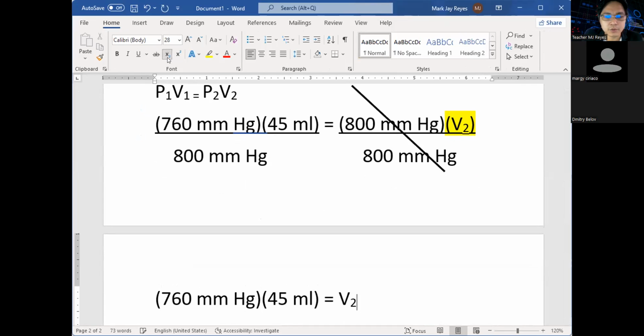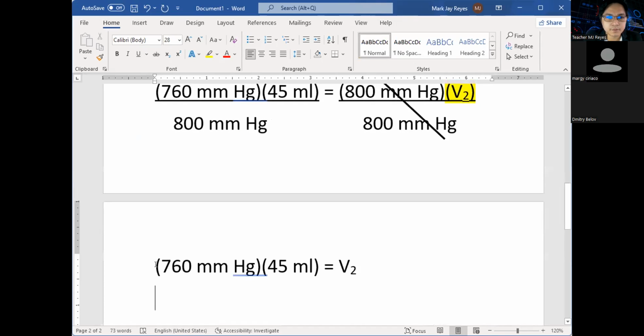Okay, we extracted V2, over 800 millimeter of mercury. So there you go.